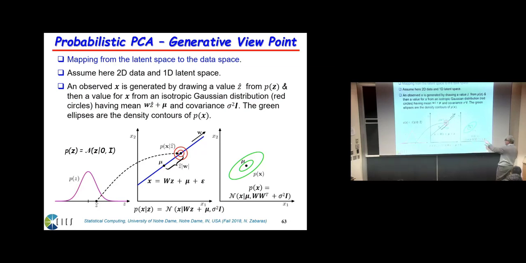And if you integrate z out, so if you multiply this with that, and then you integrate z out, you get a marginal of p(x), so this is the likelihood model, that the covariance looks like W W transpose plus sigma squared I. This is very important to remember because this sort of equation comes in everywhere.